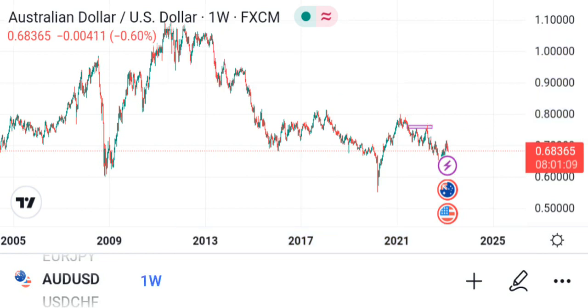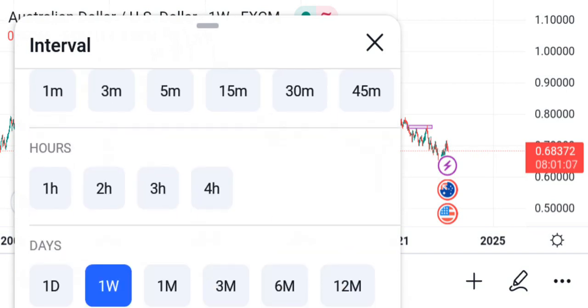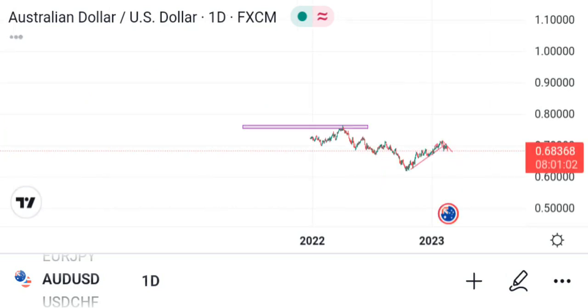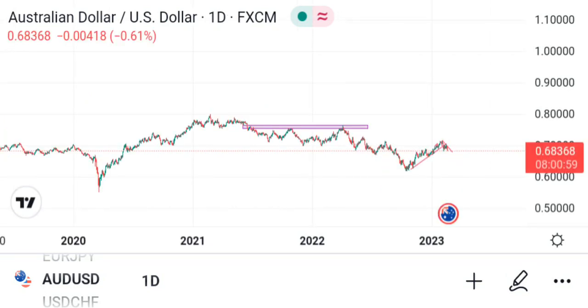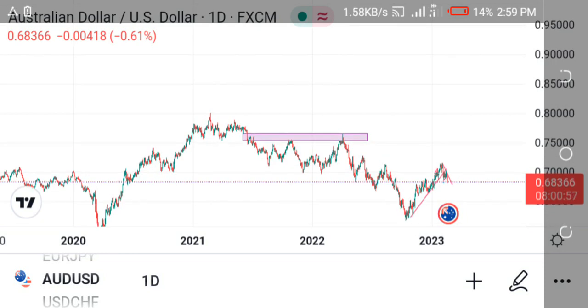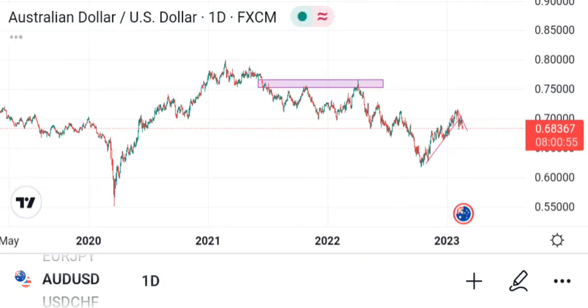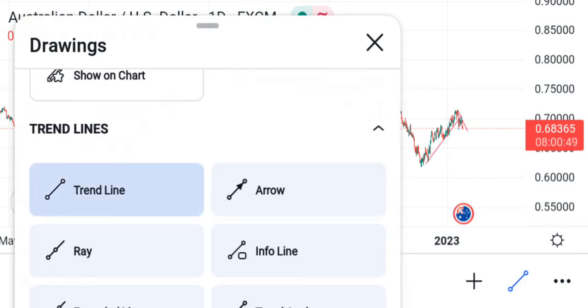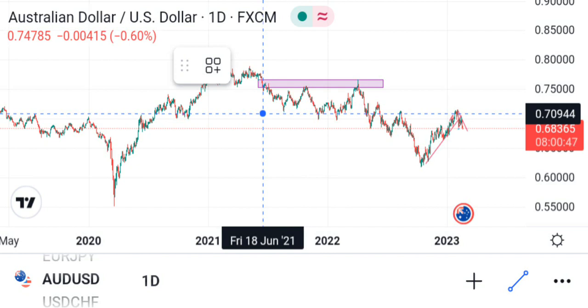So what do we do? We go down to the daily time frame, and we understand equally that this market is actually on a bearish move. Now what do I mean that the market is bearish? The market has been moving down in this direction.